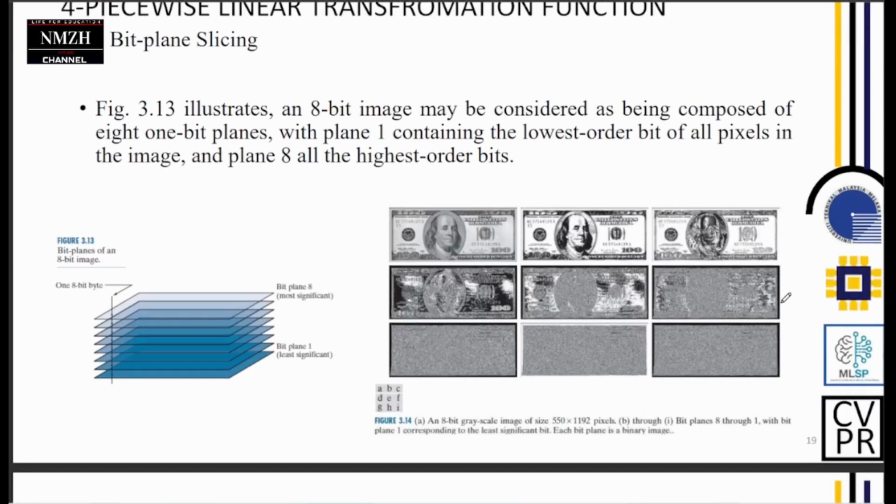So in this transformation, basically the slicing of the intensity happens, where the bits are 8, 7, 6, 5, 4, 3, 2, 1.